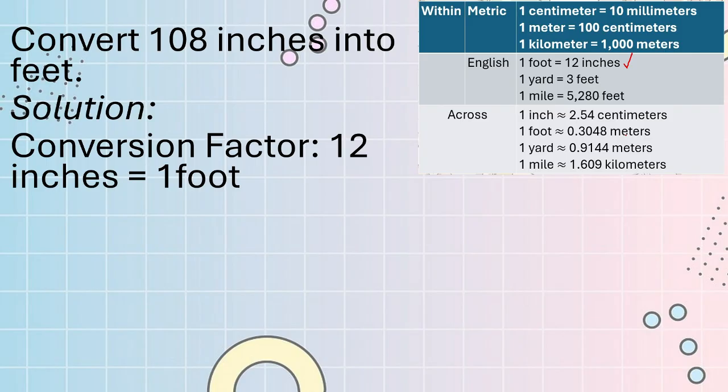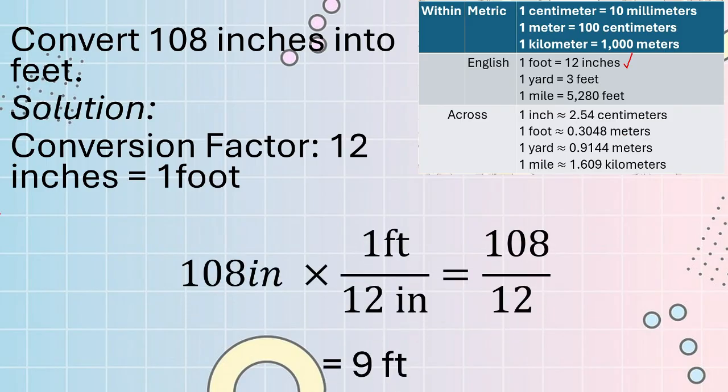So, ngayon, yung 108 inches daw, i-convert daw natin into feet. So, as you can see, ito yung nahanap natin, si 108 inches. And then, ang hinahanap natin ay feet. So, we have 1 foot over 12 inches.